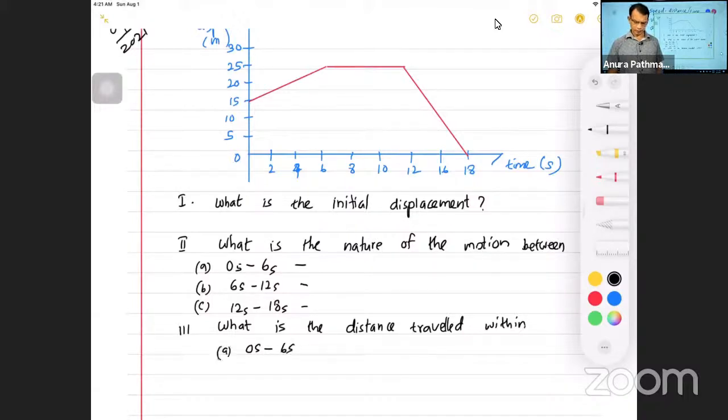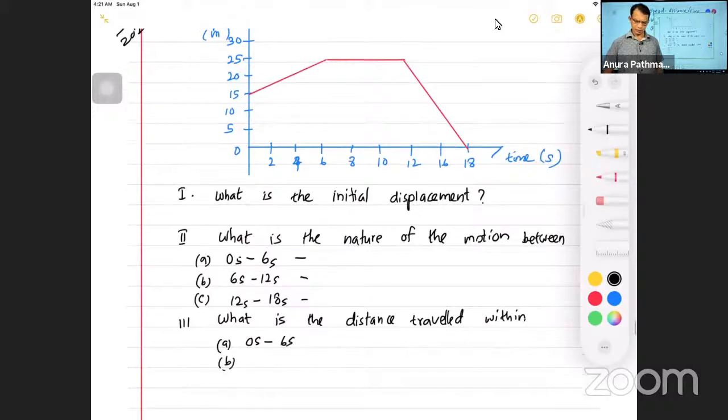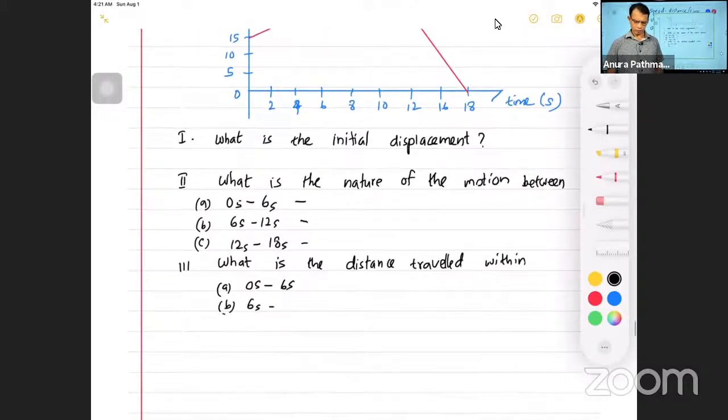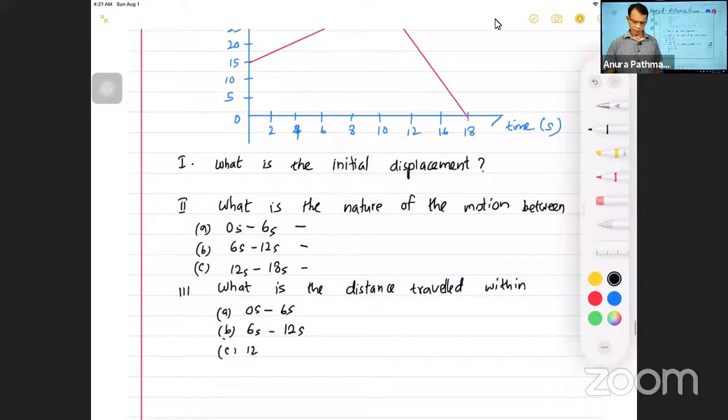That's A. B, 6 second to 12 second. C, 12 second to 18 second.